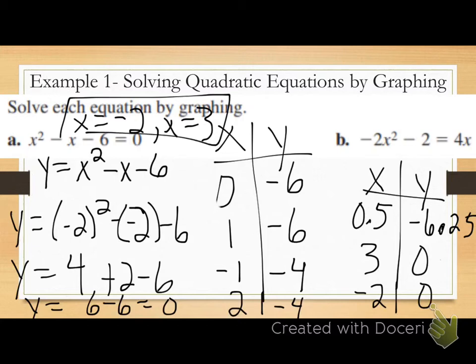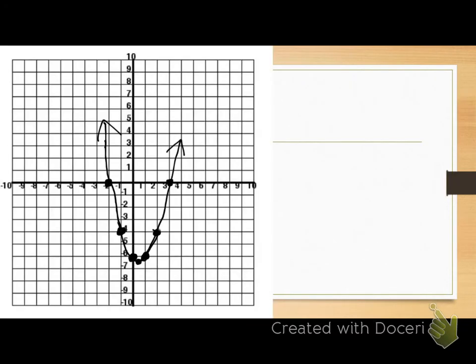And those would be my solutions. Does everyone see that? Where my graph crosses the x-axis are my solutions to my quadratic equation. So that would be x equals negative 2, x equals 3. Questions on it? Do we do anything with the y-intercept? Nope, the solutions are just the x-intercepts. Everyone good?